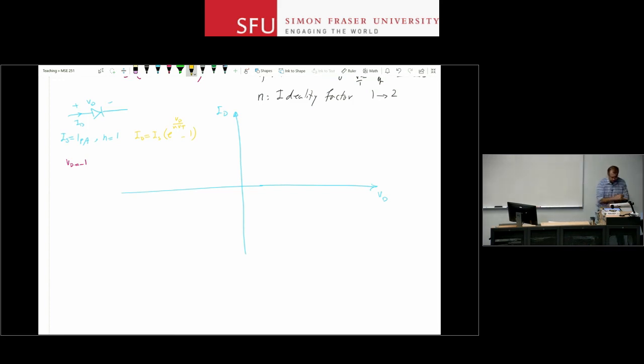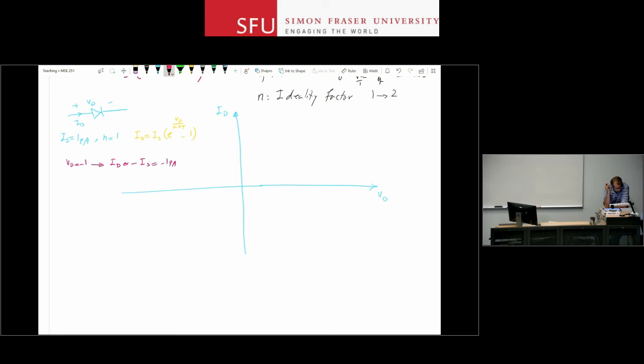If VD is -1, well, N is 1, VT is 25 millivolts, so I will have e to the minus 40, which is practically 0, minus 1. So for VD minus 1, it turns out that ID will be minus IS, or minus 1 picoamp, approximately, right?